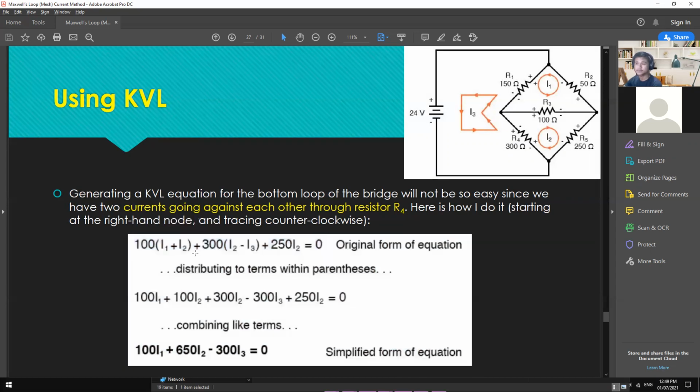So again, after that, just distribute this 100 on the I1 and I2, and then the 300 on the I2 and I sub 3, and then combine similar terms, and it will give you this simplified form of the equation on the I sub 2.